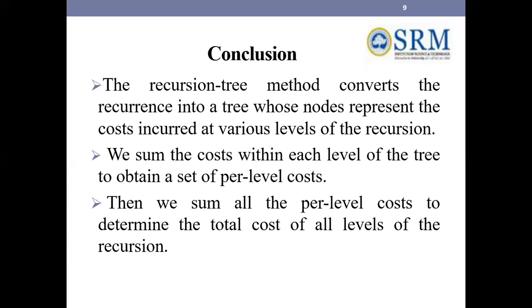So we multiply height with the cost at each level, and we can find the total cost or total execution time taken by the algorithm. Then we sum all the per-level costs to determine the total cost of all levels of the recursion. By adding the cost at each level, we get the cost of the overall recursion tree.